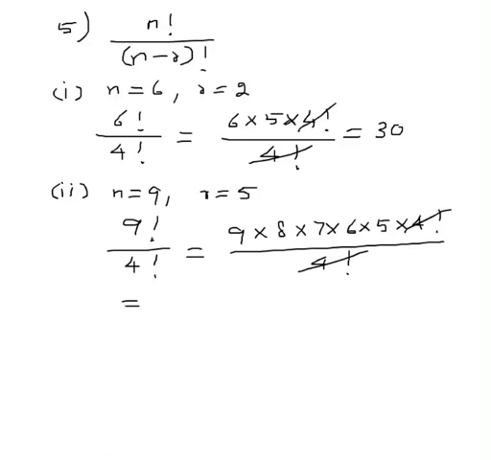Let us multiply and write 72 into 7 into 3. The answer is 15120.